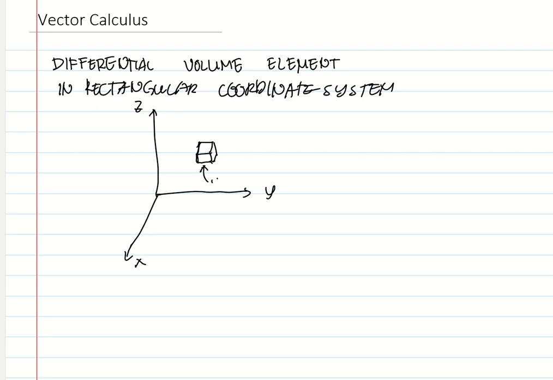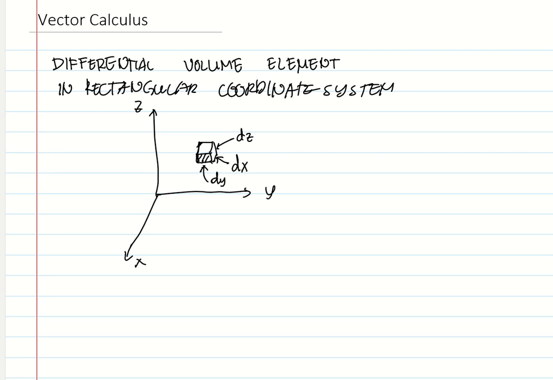So that will be the differential length dy. And this one here is in parallel with the x-axis. So this will be our dx. And of course, the one that goes up, or the height of the rectangular prism, that will be our dz, because it is in parallel with the z-axis. So this is our differential volume, this rectangular prism here.